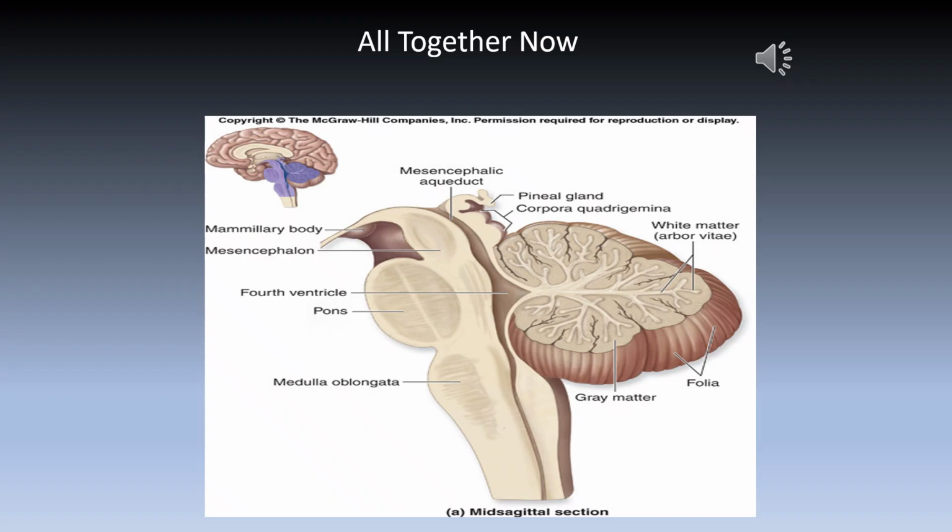So we have to get feedback. So the feedback comes up the spinal cord to the medulla, to the pons, to the cerebellum. The cerebellum then has to relay that information to the motor cortex. Well, that's why we have the superior cerebellar peduncle, which goes from the cerebellum to the midbrain to the thalamus. From the thalamus, we have connections to the basal nuclei.